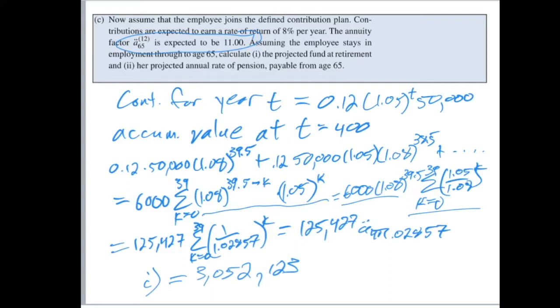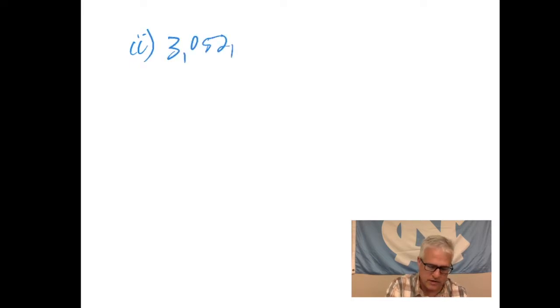I'll add a page here. On this page, so for part 2, that amount of money that we have set aside, $3,052,213, has to provide an annuity, and this will be an annualized annuity rate.